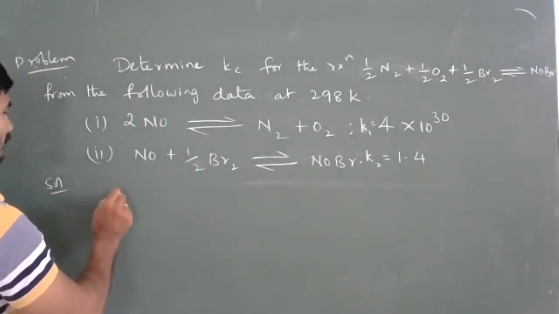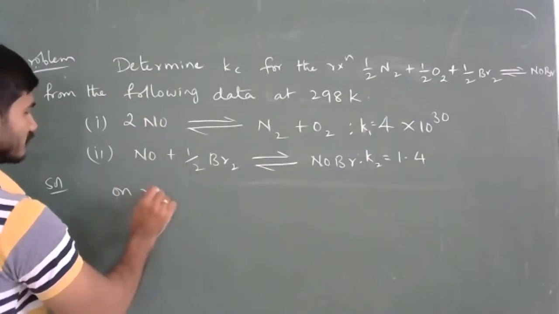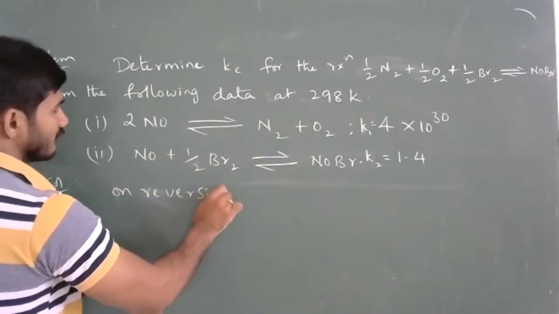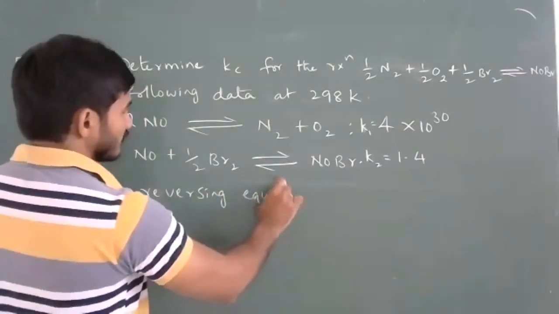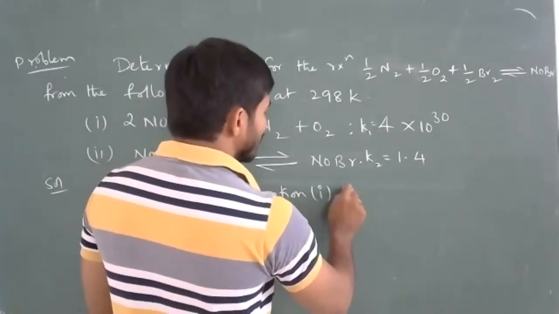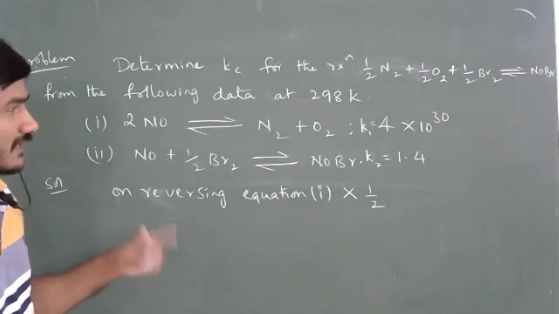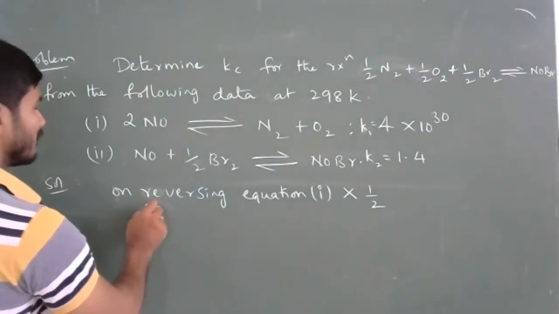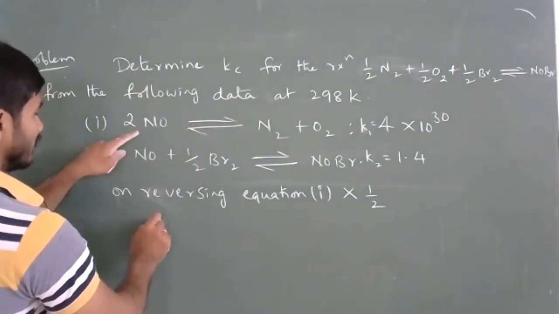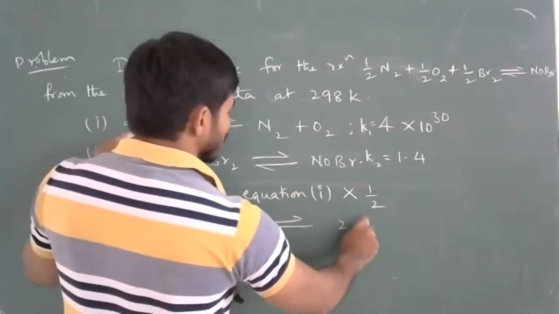So on reversing equation 1 and multiplying with 1/2: first equation reversed, N2 plus O2 gives rise to 2NO.